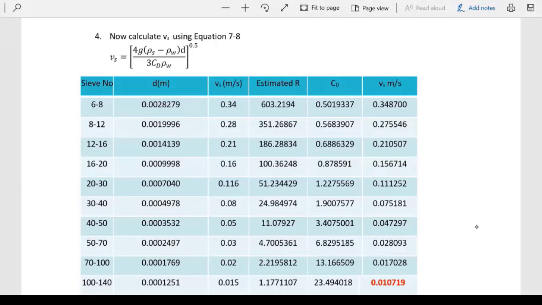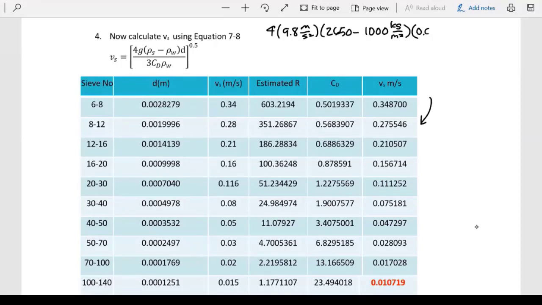And here, now we can calculate for this value here. We have 4 times 9.8 meters per second squared times the density of our particles times the diameter.